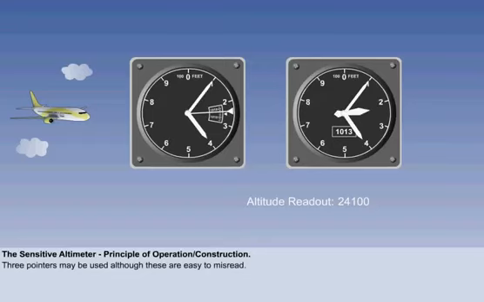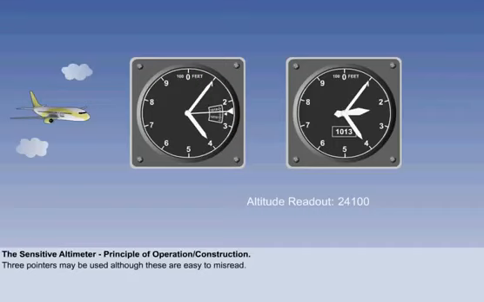Looking at the sensitive altimeters illustrated on the screen, we can see that the more sophisticated mechanism of the sensitive altimeter enables the use of 3 pointers on the instrument dial. 1 pointer for tens of thousands of feet, 1 for thousands, and 1 for hundreds of feet.